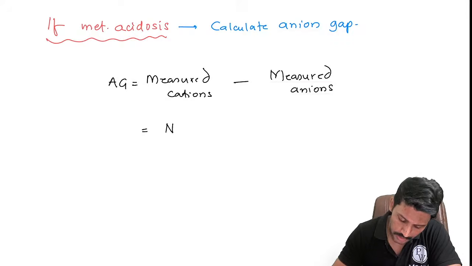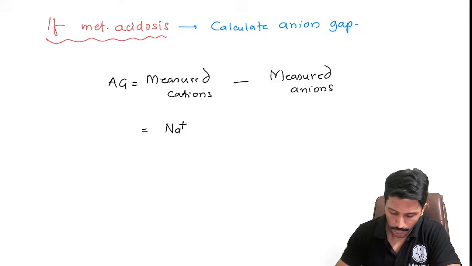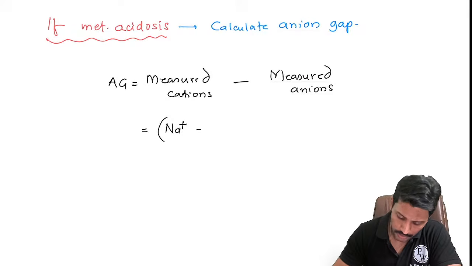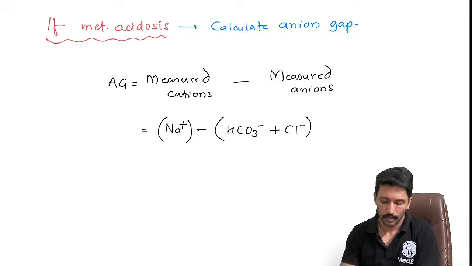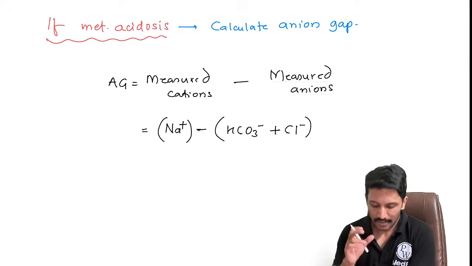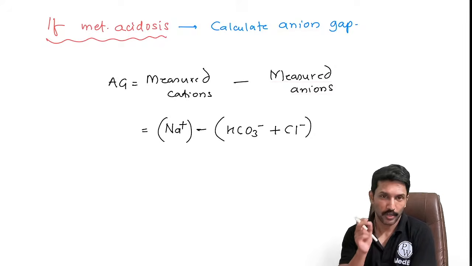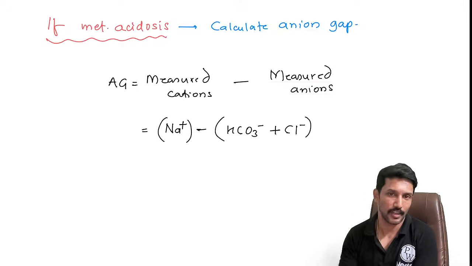The major measured cation is sodium. And what are the major measured anions? We have bicarbonate and chloride. So when you subtract the sum of bicarbonate and chloride from the sodium, you will get the anion gap.